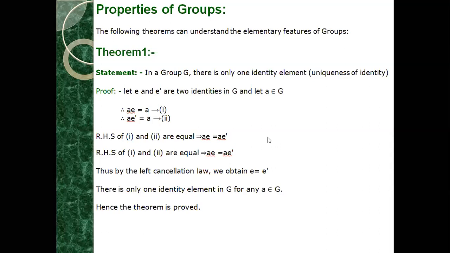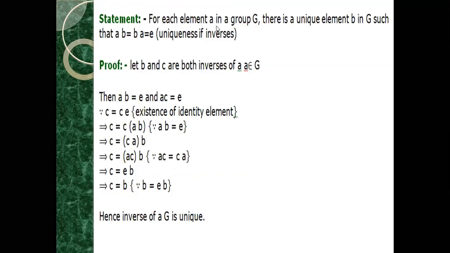Okay. So next statement in theorem 1. For each element A in a group G, there is a unique element B in G such that AB is equal to BA is equal to E. Uniqueness of inverse. So what is the statement?